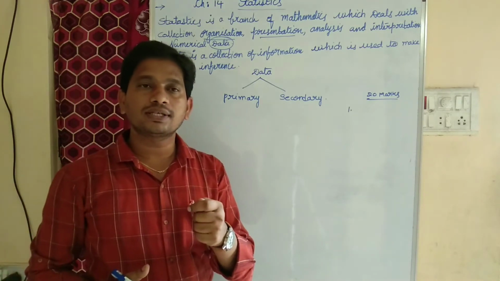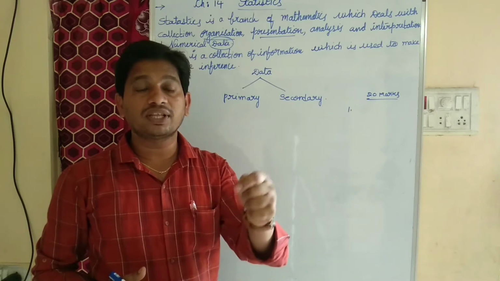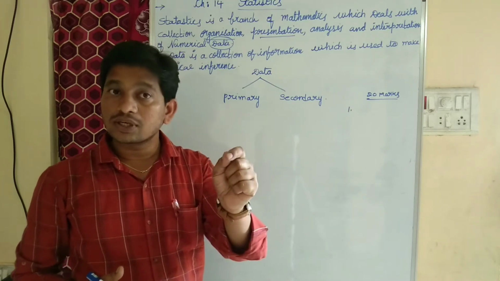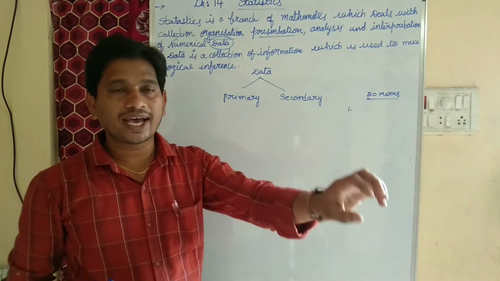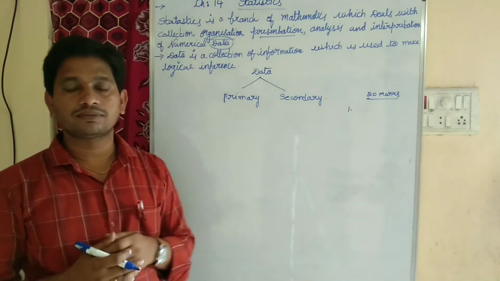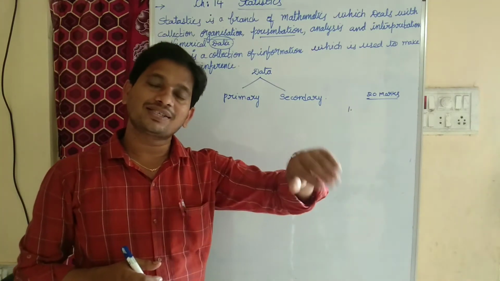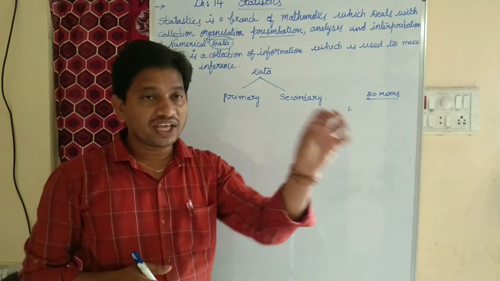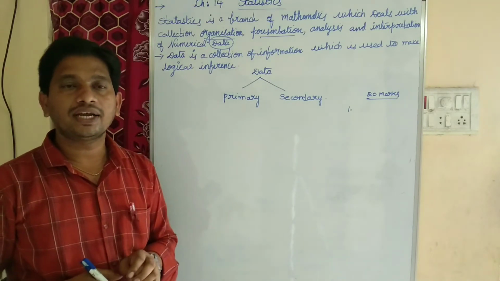Primary data is the information collected by the investigator with a certain purpose. He will go directly and collect that information. Coming to secondary data, that data is already collected by someone. From there we will take that information. That is called secondary data.